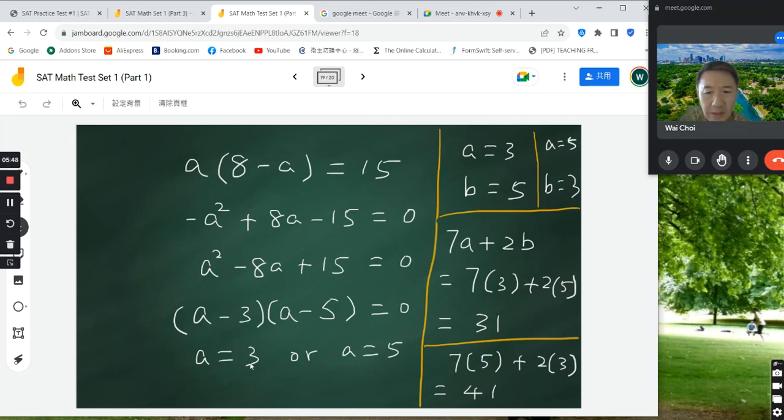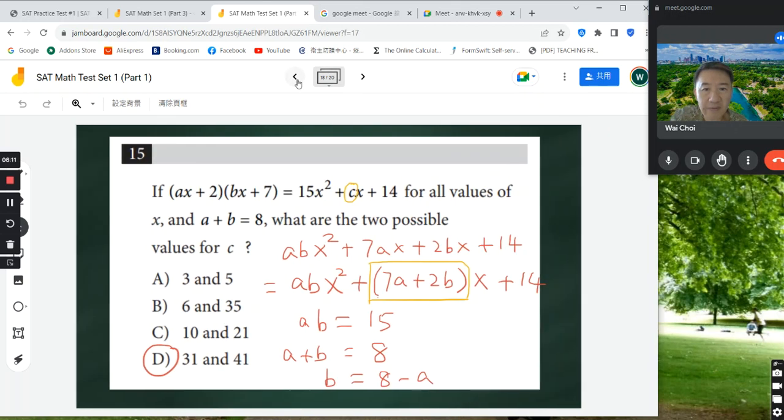Now let's solve the question using these values. When a equals 3, because they sum up to 8, b is equal to 5. So we have a equals 3, b is equal to 5.